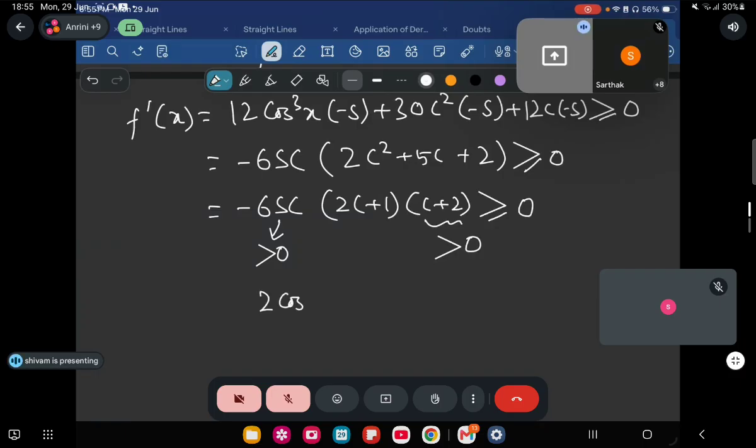Now Sarthak, tell me, in 0 to pi, if I put 2 cos x plus 1 equal to 0, what is the value of x? Cos x equal to minus half, right? If cos x is equal to minus half, what is the value of x?